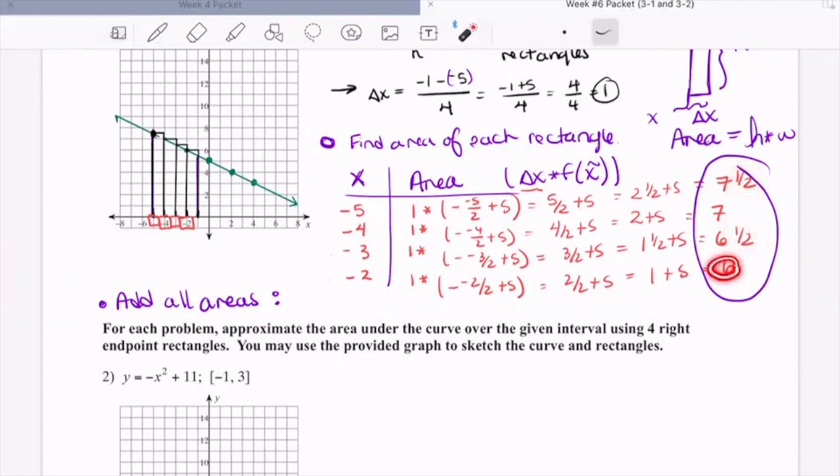So this really is 6 plus 6 plus 7 plus 7 plus 1. 6 plus 6 is just 12. 7 plus 7 is 14, plus 1. So now we can add 12 plus 14. It's going to be 26, plus 1 is going to be 27.